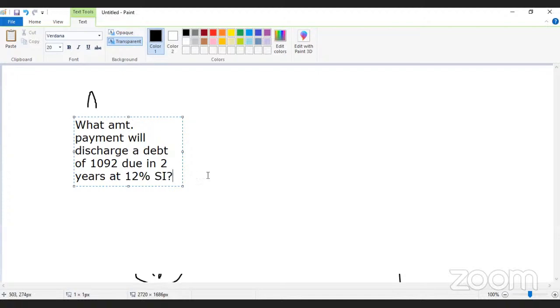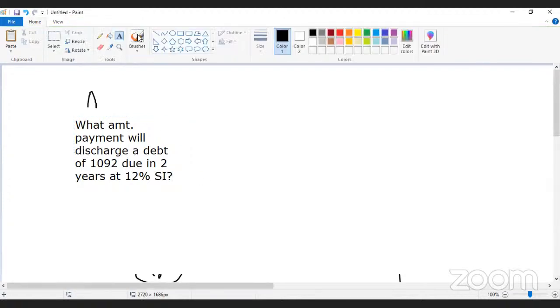Okay, so the amount of debt, that means your interest and your loan amount that has become, what you have to pay, is 1092. Okay, so that's the meaning. So you're supposed to pay 1092, and this amount you're going to pay in 2 years at 12%.